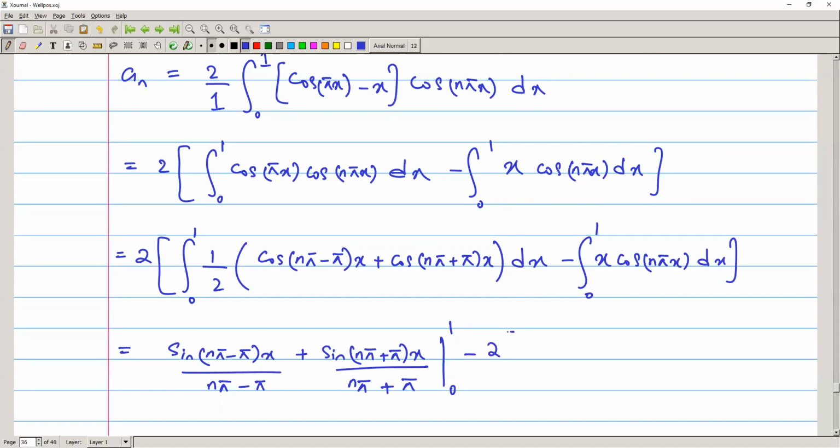And this will be negative 2 times x sine n pi x over n pi plus cosine n pi x over n squared pi squared.